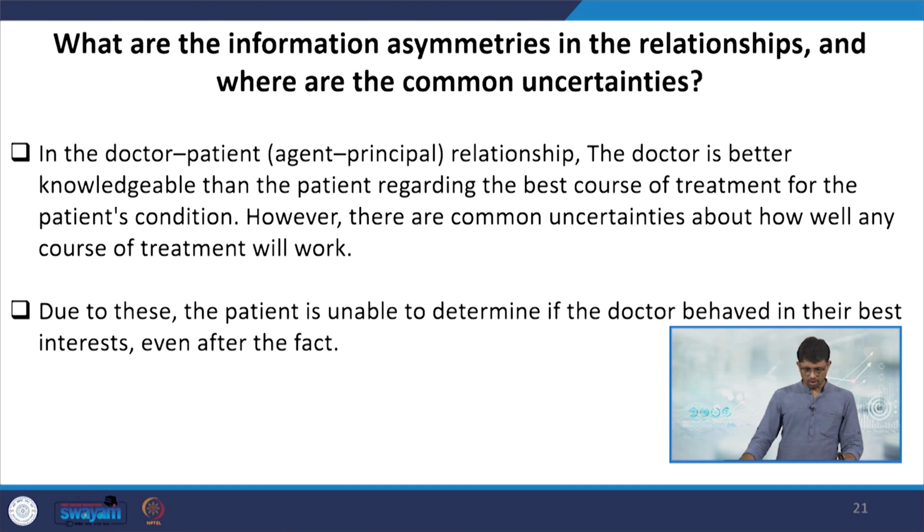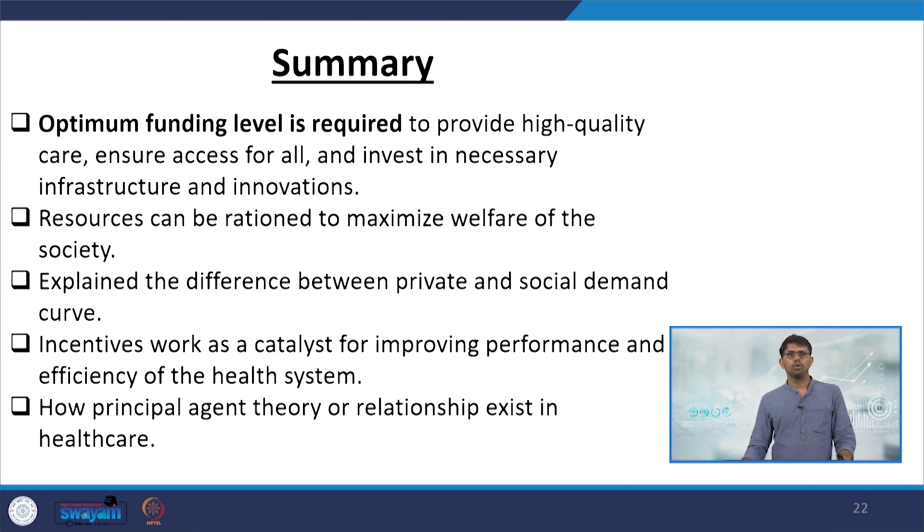So, we have discussed the incentive structure, and we have discussed private and public relations so far as the health system is concerned. We have also discussed the evaluation of health services through marginal social value, and hence we defined the concepts called optimum funding level and underfunding level.